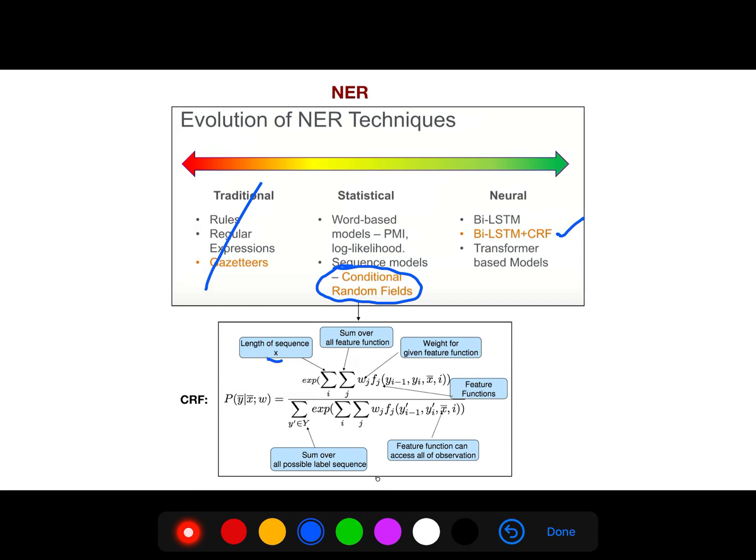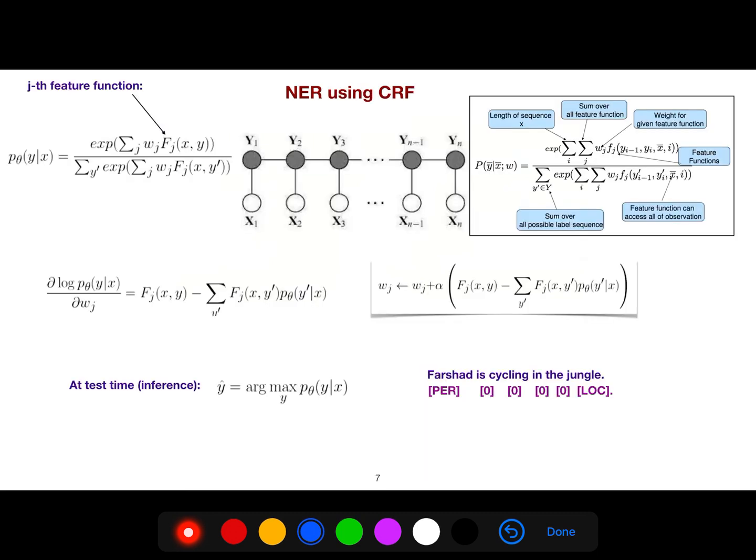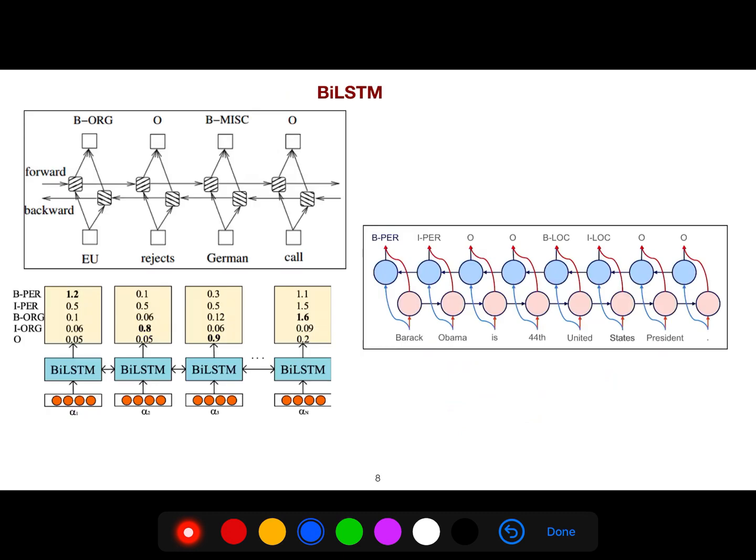We have different feature functions, and we have the weights of that. And so we have some observation like a hidden Markov model. It's very similar. We are using a conditional random field here. So the goal is just to maximize this, and we know the derivative, and just use any gradient descent algorithm, and that's it. For example, if I say Farshad is cycling in the jungle, this is the person, and it outputs this. Jungle is a location, Farshad is my name.